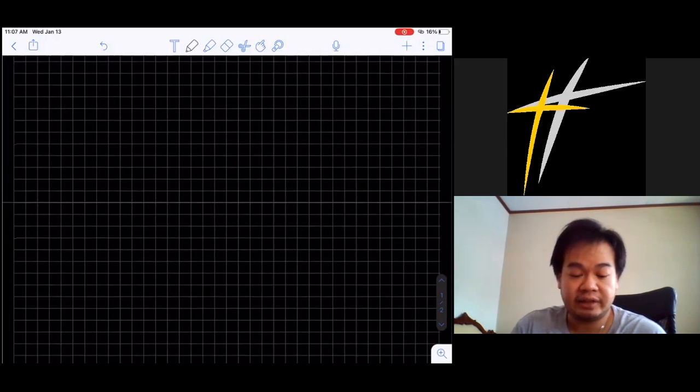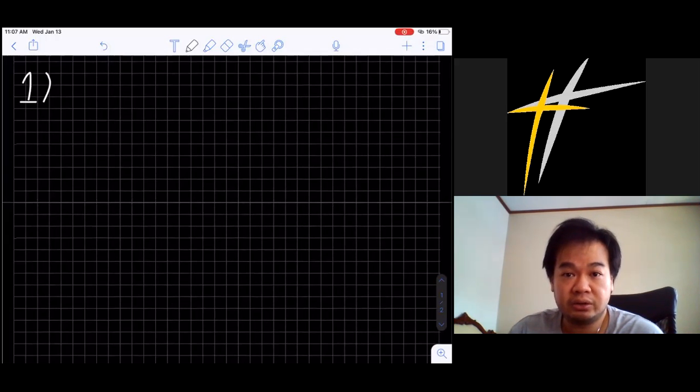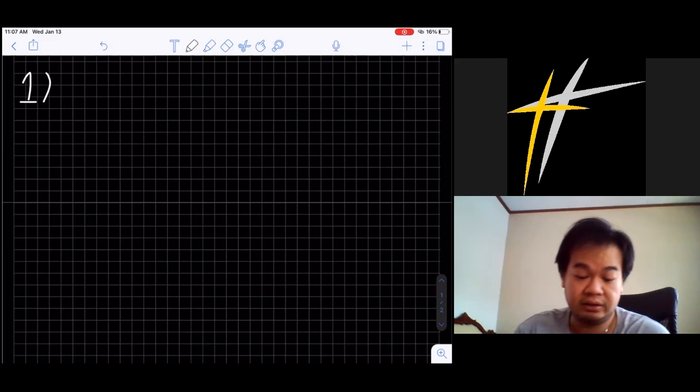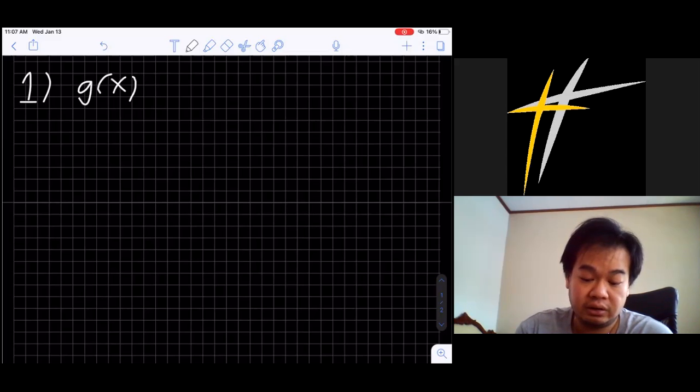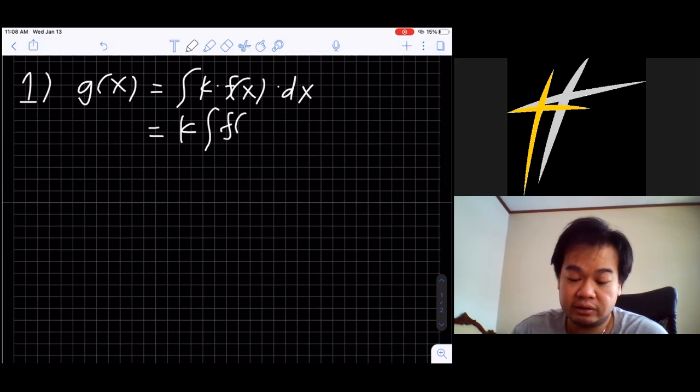For example, the first property that I want to discuss today is the integral of a constant times a function. If g(x) is equal to the integral of a coefficient times f(x) dx, then it's also equal to the coefficient, which can go out from the integral sign, times the integral of f(x) dx.